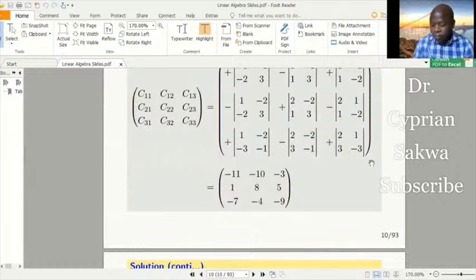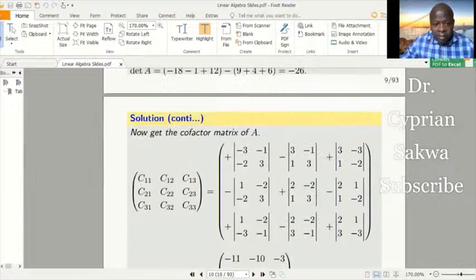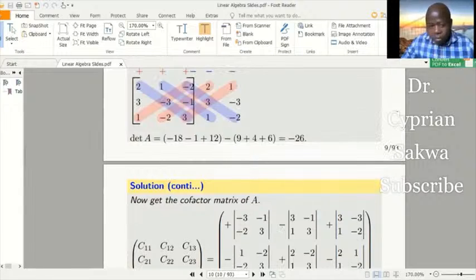The matrix that we were given was 2, 1, negative 2, then 3, negative 3, negative 1, and then 1, negative 2, 3.